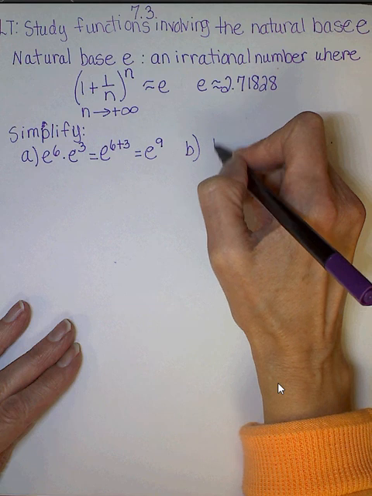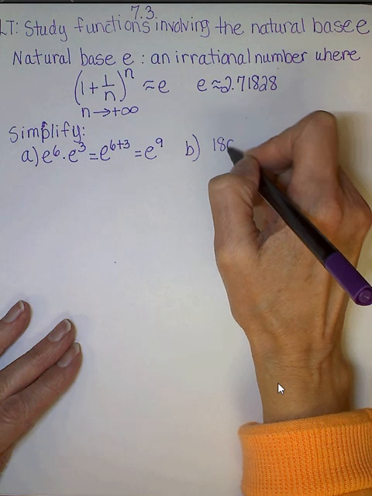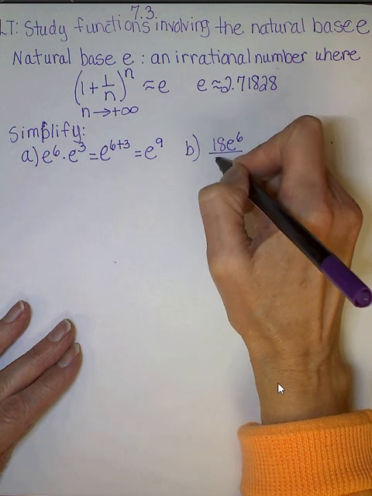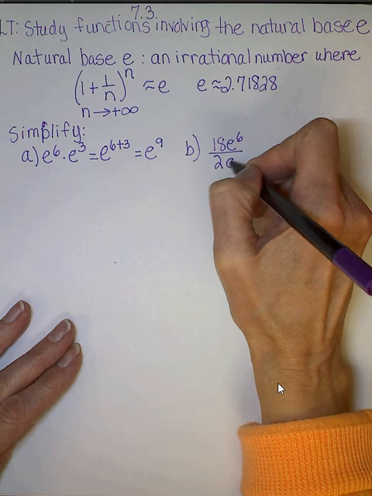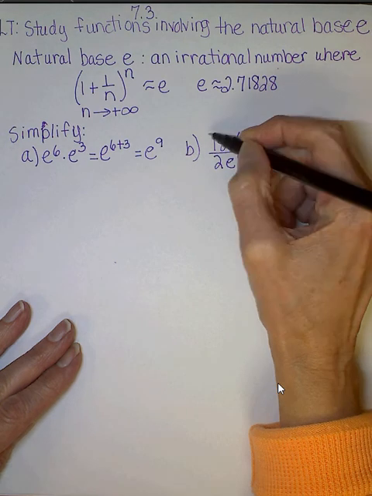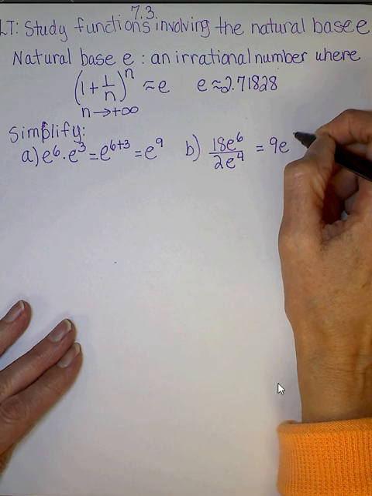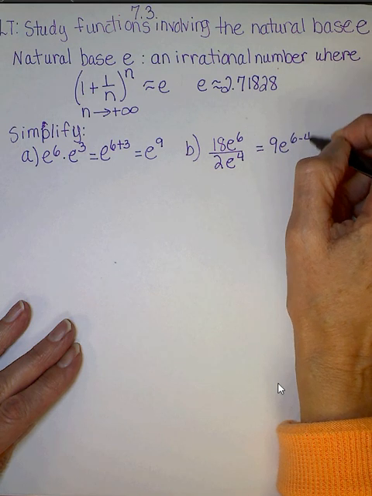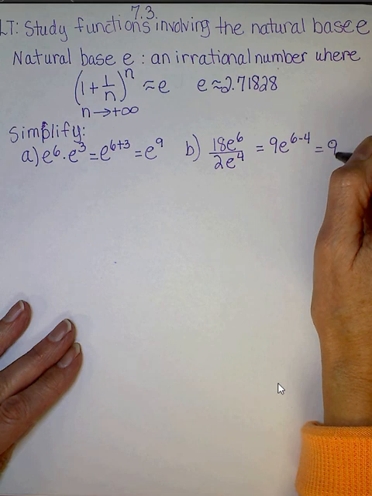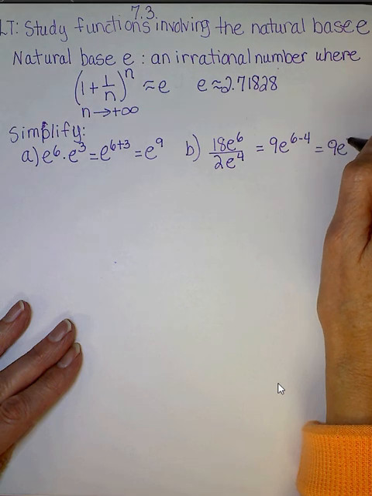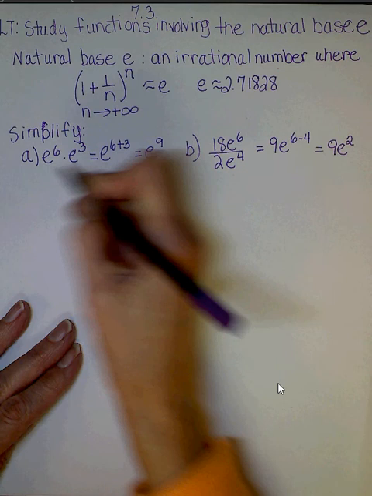Okay, similarly, when we divide, we can divide the numbers. 18 divided by 2 is 9, and then we subtract the exponents. So we'd end up with 9e to the 2nd power. One more example.